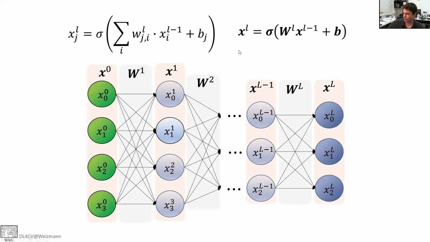So you see, these are all vectors and matrices now. And let me just clarify a few things. So we have this vector X super L, and this is a function of a vector that was before. For example, X super 1 can be a function of X super 0. And you can see that we have the matrix multiplication, which is exactly equivalent to this summation that you see over here, plus a bias vector this time.